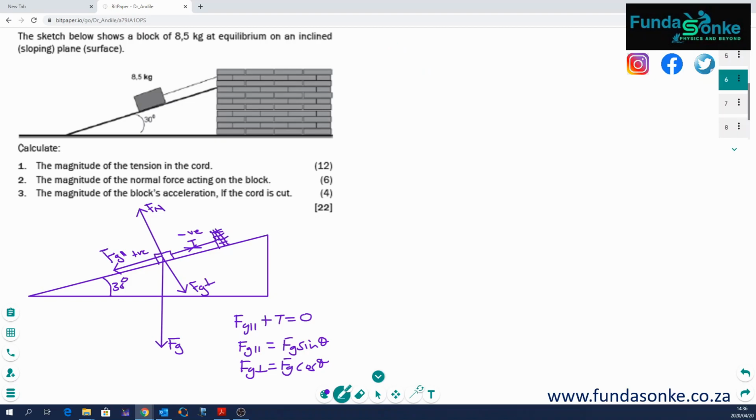So for part 1, we can safely say that Fg parallel plus tension is equal to 0. And our Fg parallel is Fg sine theta. In this case, minus tension should be equal to 0, since we said tension is acting in the negative direction.